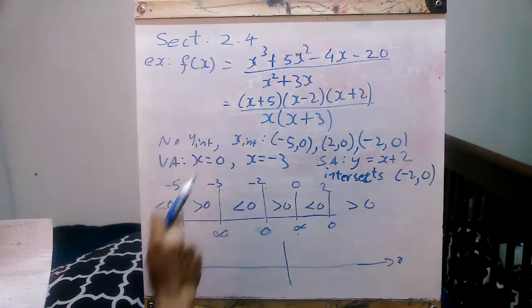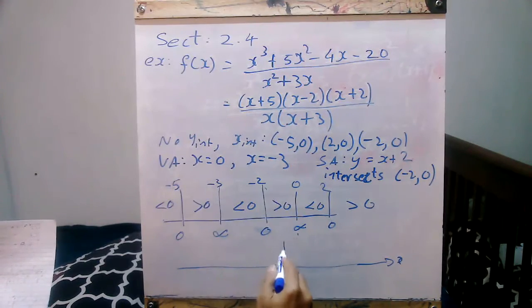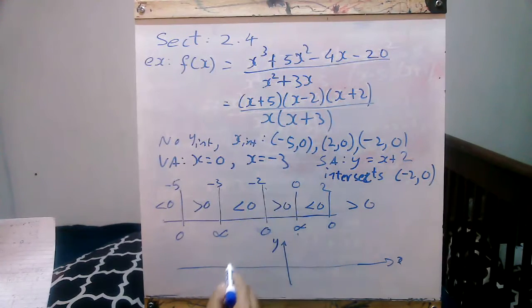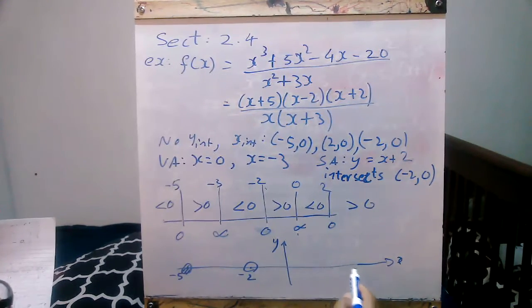We have a vertical asymptote at x equal to 0, meaning the y-axis is a vertical asymptote. Let's do the x-intercepts: -5, -2, and +2.